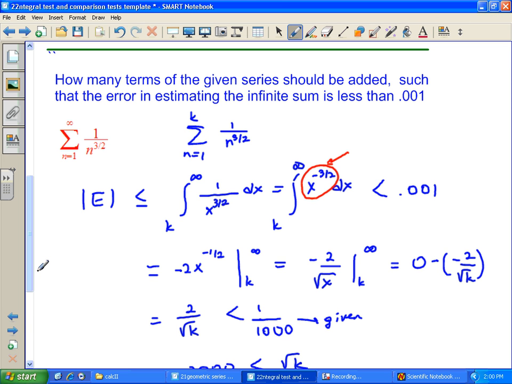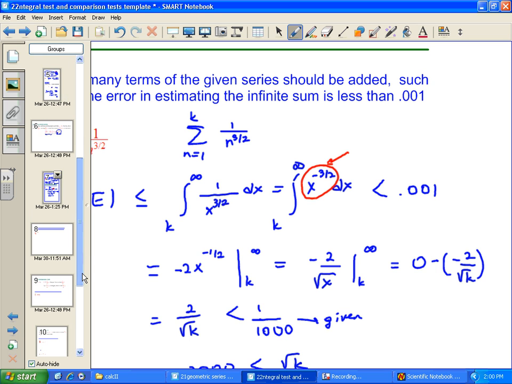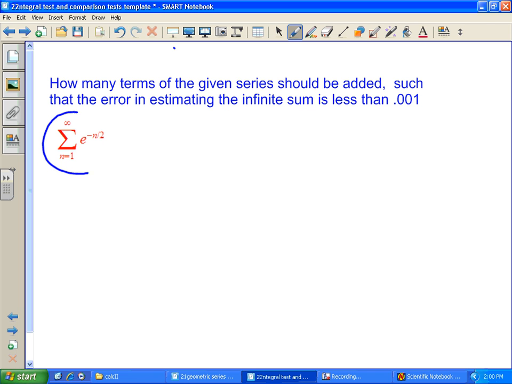Okay, let me see what I want in the remaining time that I have. Would you please just write this one: summation from 1 to infinity of e to the power of negative n over 2.